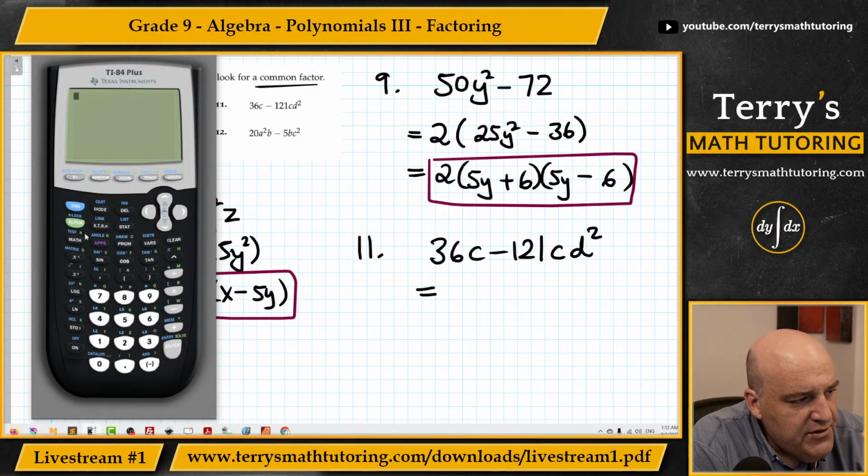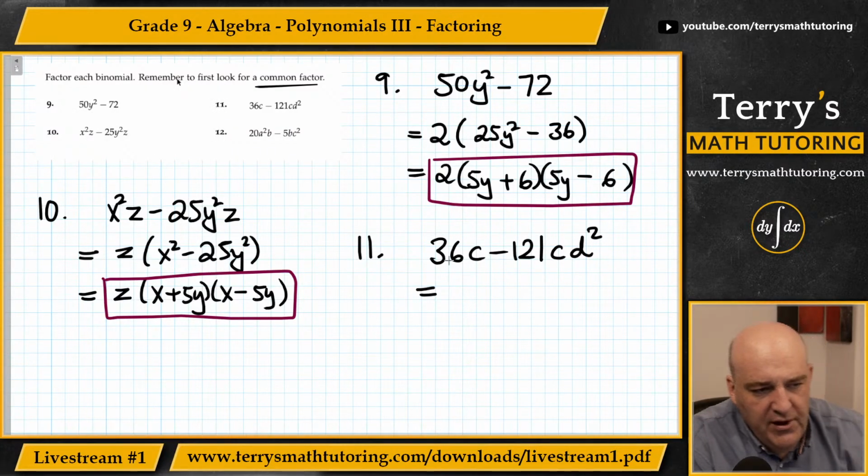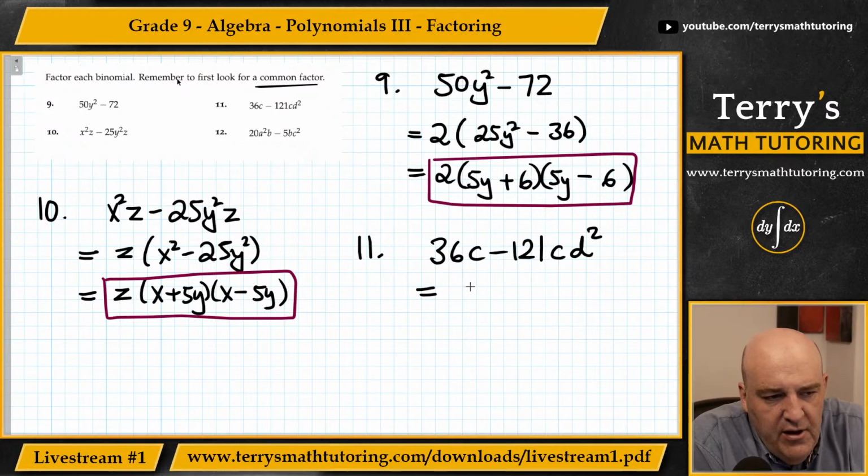Maybe I have to go from this screen. So math, and then go to GCD. There it is. If you type in 36 and then the comma right here above the 7, 121, we see that the common divisor is 1. So we can't pull out anything from 36 and 121, but we can pull out a c.